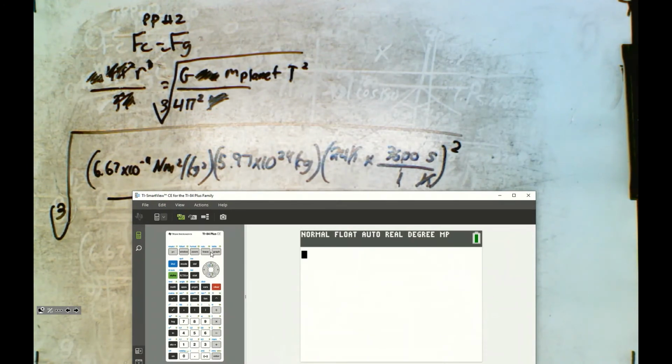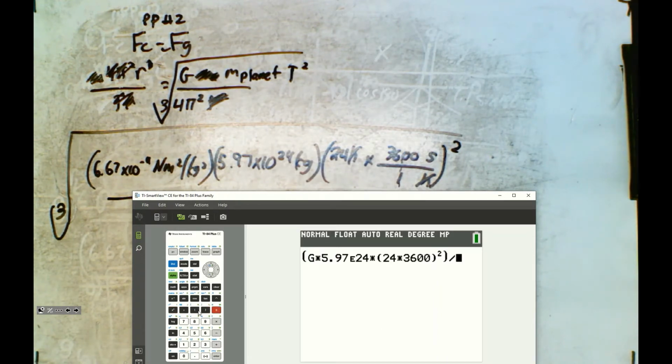So let's type this in. We can type this all in one step. So for the top, I'm going to go alpha G times 5.97 times 10 to the 24 times, and then I'm going to start a new bracket because I want to go 24 times 3,600. Close my bracket, and I just want to square this stuff inside of here, so I put my square outside of that bracket and then finish off my bracket up top.